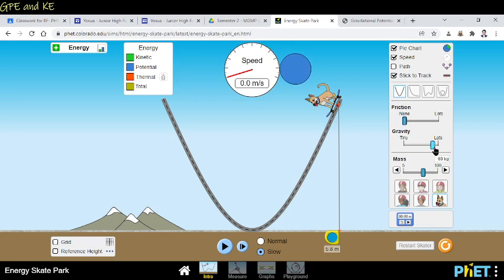If I change the gravity like this, you can see the blue circle, the potential energy also increases. So gravity is also related with potential energy. If the gravity is very small, then the potential energy of the dog is also very small.